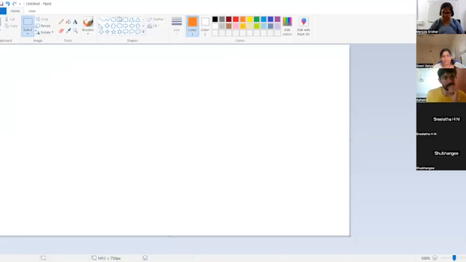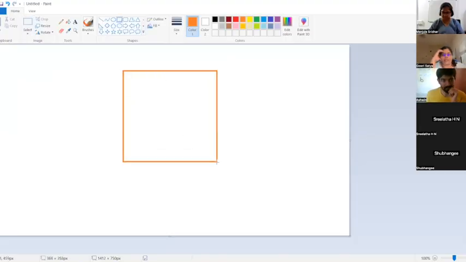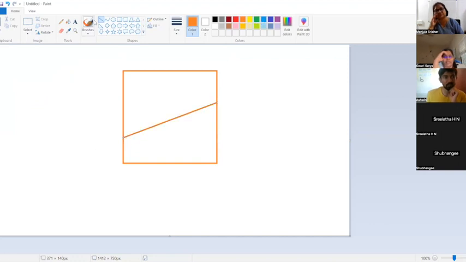So maybe I'll share the screen. Okay, so we are starting with the square and we are drawing some random line. Now we are going to draw another line which is perpendicular to it. So it will cut. I will color this.